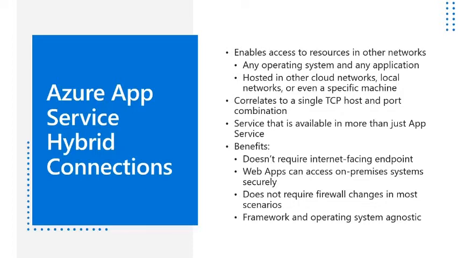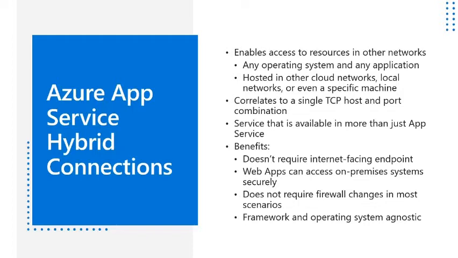Because the feature is network level, it is agnostic to the language used by your app and the technology used by the endpoint. It can be used to provide access in multiple networks from a single app, to enable access to resources in other networks, any operating system and any application, hosted in cloud networks, local networks, or even a specific machine.